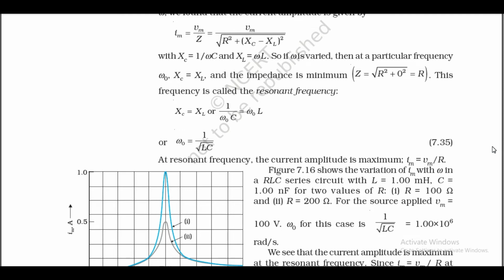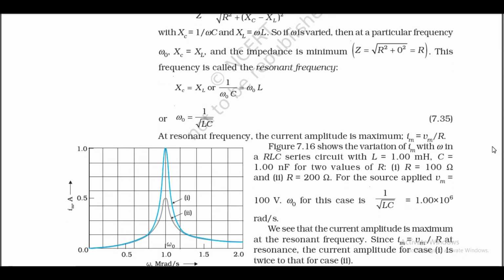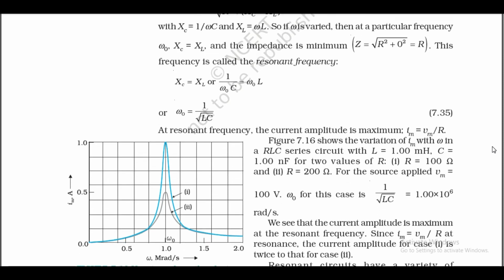So, if omega is varied, then at a particular frequency omega naught, Xc is equal to Xl and the impedance is minimum. Z = √(R² + 0²) = R. This frequency is called the resonance frequency.